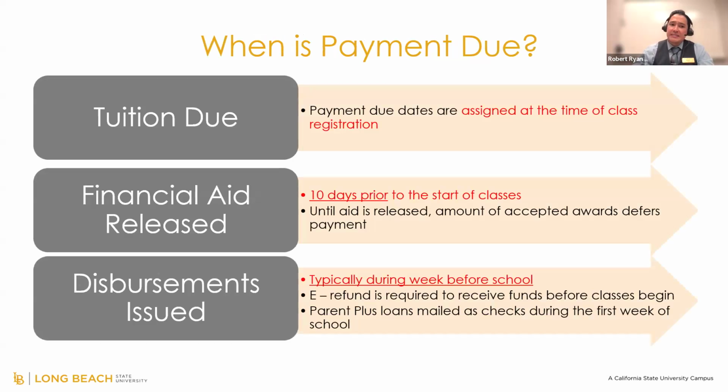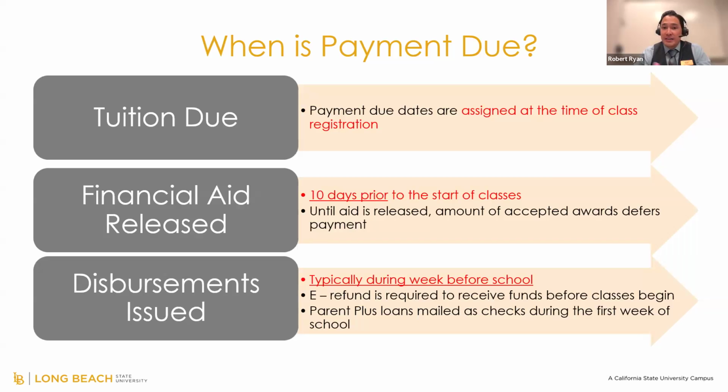For payment due dates, as soon as the student registers, they're going to be able to see on their Student Center exactly when their charges are due. So we do highly recommend that after the registration period, the student goes onto their account and takes a look at when they need to pay.